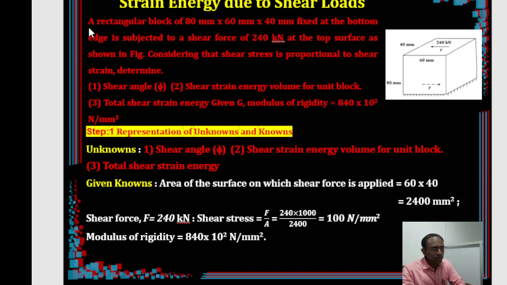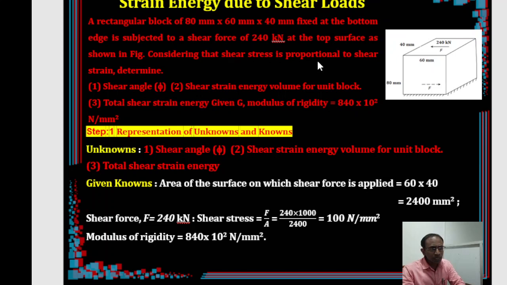Let's look at this problem. A rectangular block was given with dimensions of 80 by 60 by 40, fixed at the bottom edge, and we are applying a shear stress on the top surface. The total amount of shear force is around 240 kilonewton at the surface as shown in the figure.